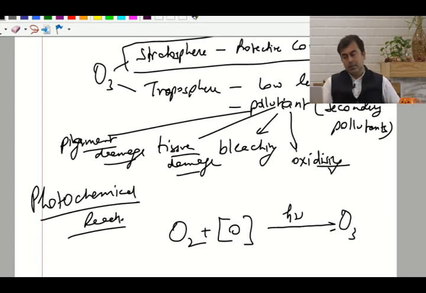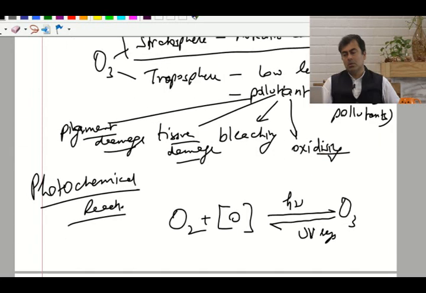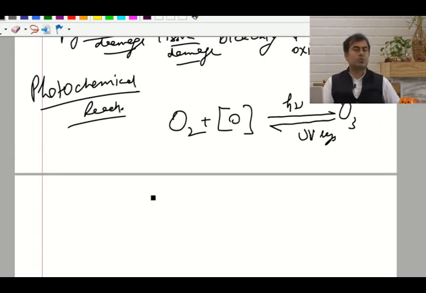This is a reversible reaction. When ultraviolet rays fall on it, ozone gets disintegrated, it comes back to this also. So ozone keeps on forming and going depending upon the sunlight.